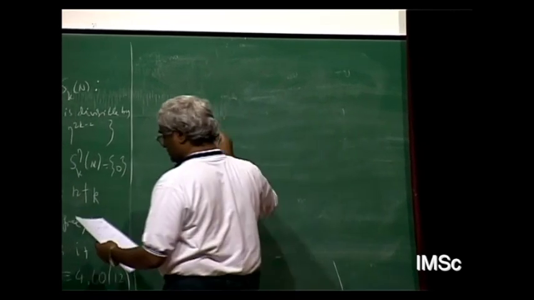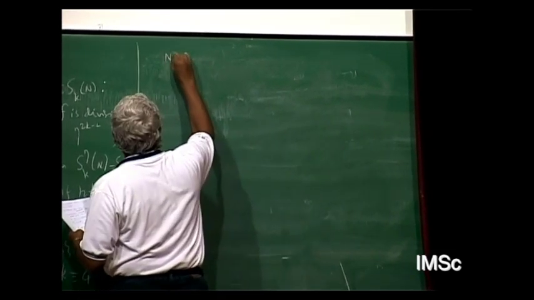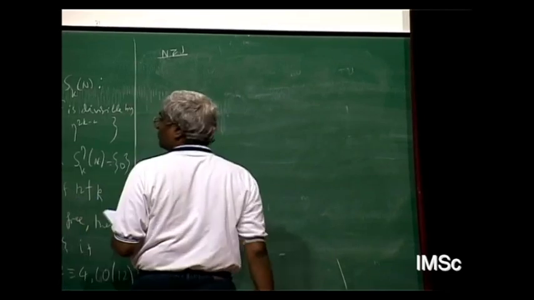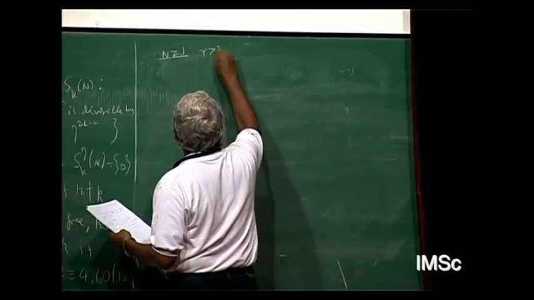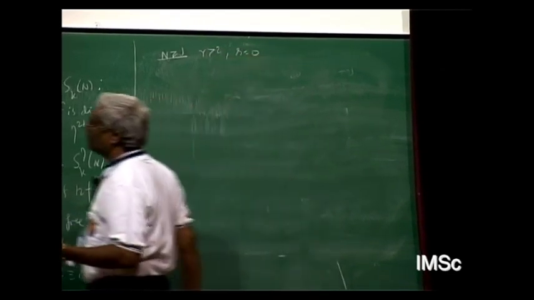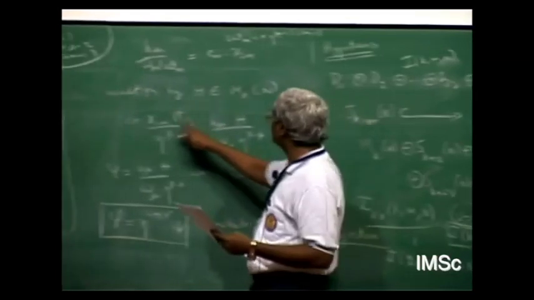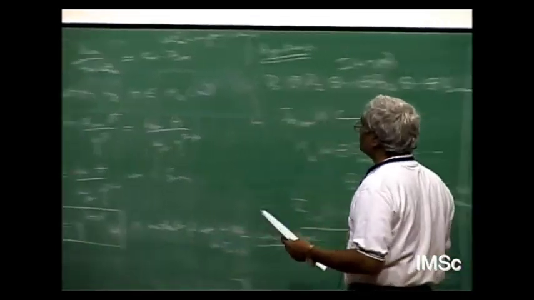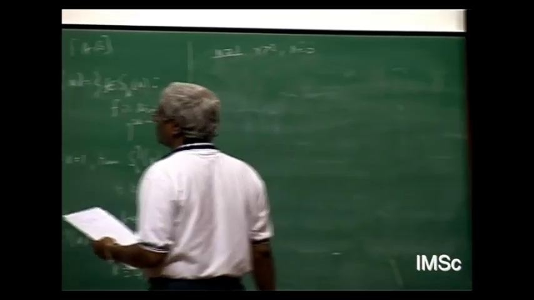So now take case n greater than or equal to 1. Now choose r greater than 2, and in that case I don't want this h, I can take h to be some constant, so s is 0.